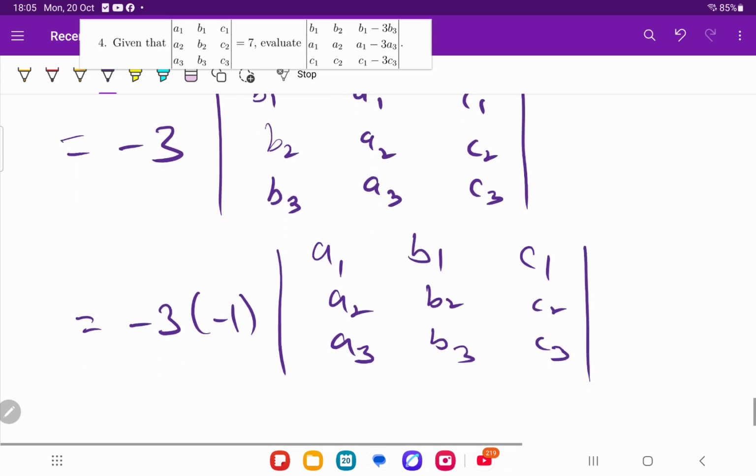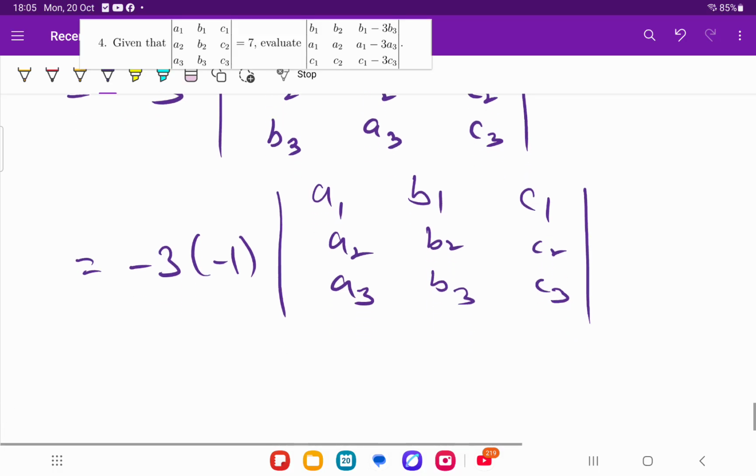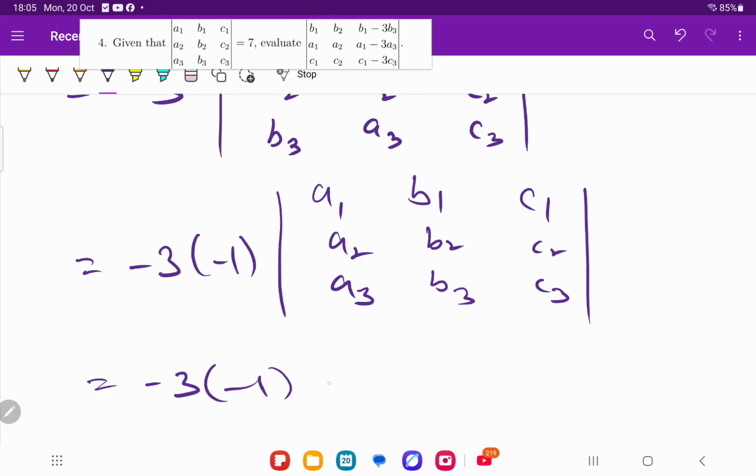We just interchange. So now this is the clear representation, which is equal to 7. So it means minus 3 multiplied by minus 1, that is plus 3, multiplied by 7, and the answer is 21.